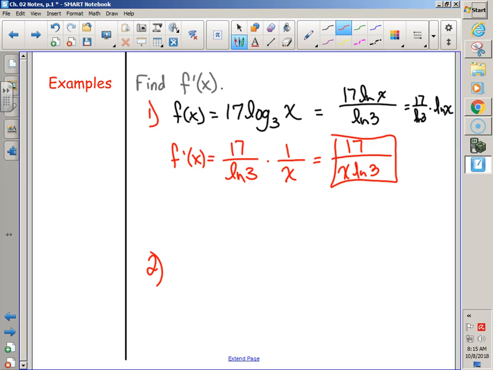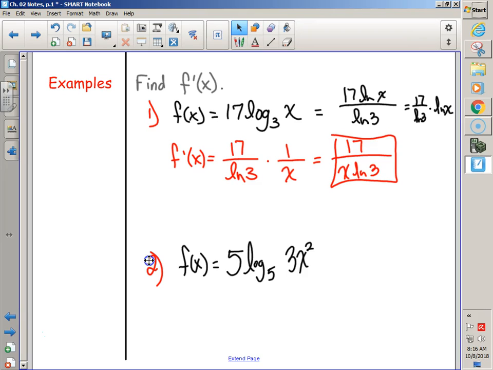So you guys, take it away. What if I was to give you f of x is equal to, let's not make it too hard, huh? What if I was just to do something like 5 log base 5 of 3x squared?